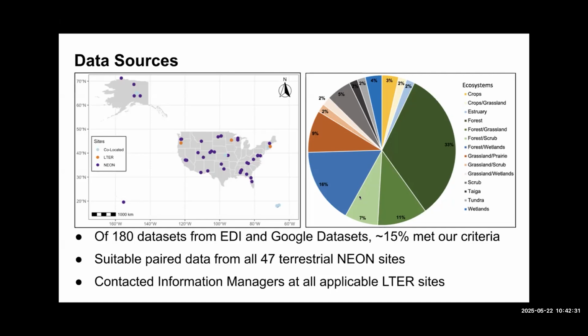You can see the LTER sites in orange, and we had some co-located LTER and NEON sites as well, in light blue on the map. Like I said, this is just a subset of the LTER and NEON data sets. The other 15% that we're working on combing through will add to that map and also expand into more of a global scale.